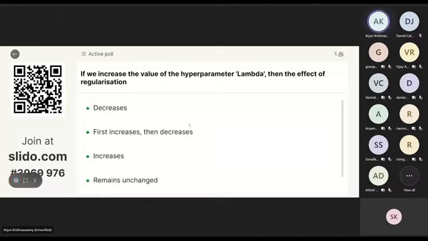Yeah, the poll is active now. You can start giving your answers.